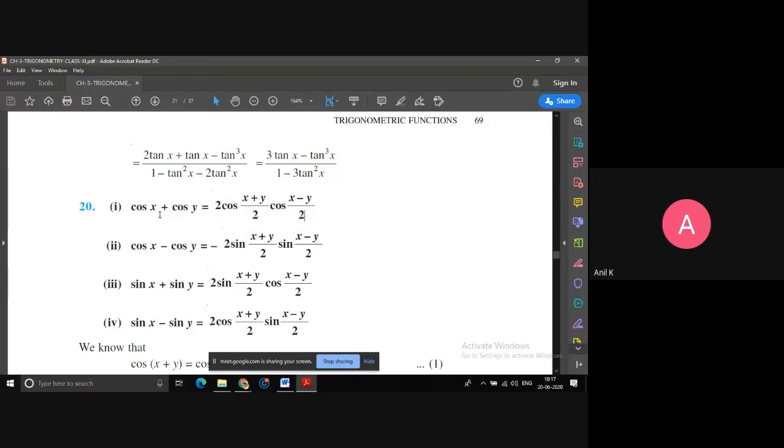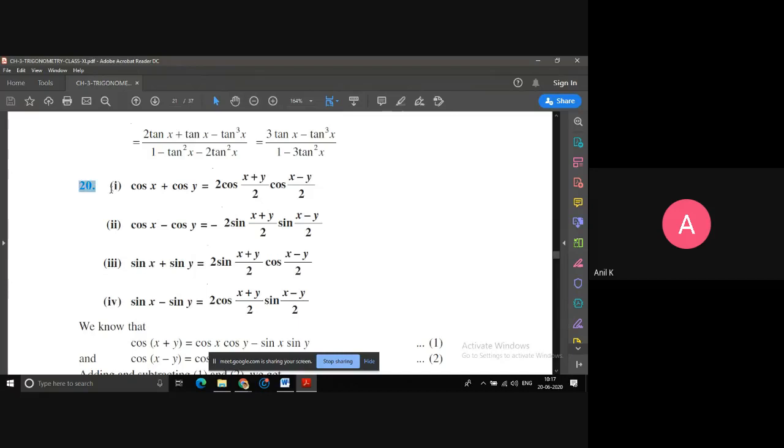Here you have cos x plus cos y, but when I come to the right hand side, it will be 2 cos (x plus y)/2 cos (x minus y)/2. So addition is converted into product. In all these four identities of the 20th, addition or subtraction is converting to the product.